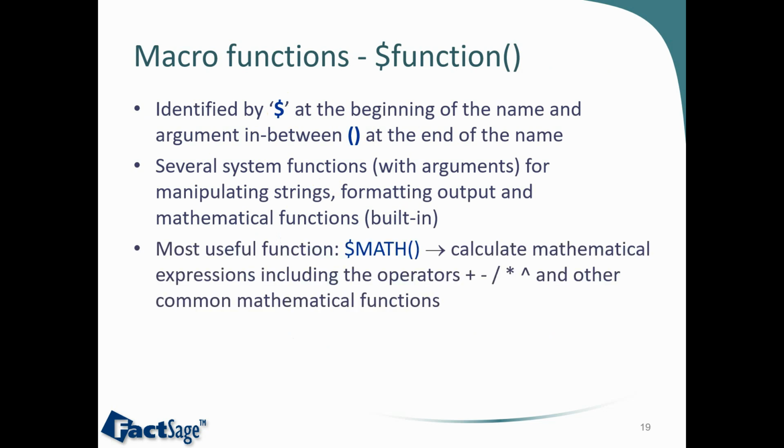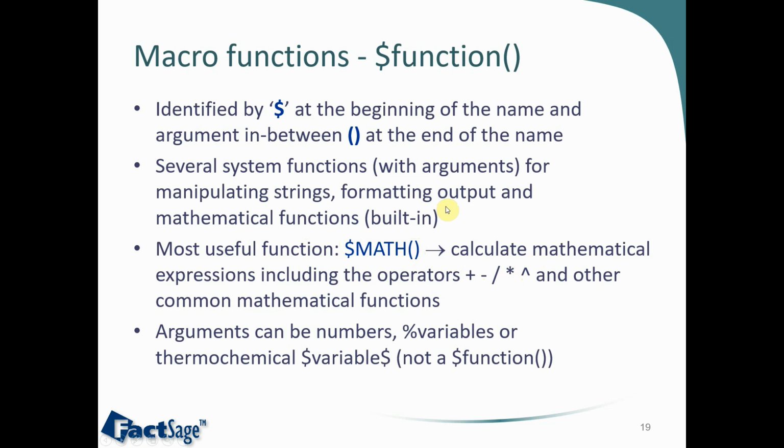The most useful one is the $mat function to calculate mixed mathematical expressions, including the operators plus, minus, division, multiplication, squares, and so on. This function is actually needed even to make simple calculations, like 1 plus 1. You will have to write 1 plus 1 inside the arguments here.